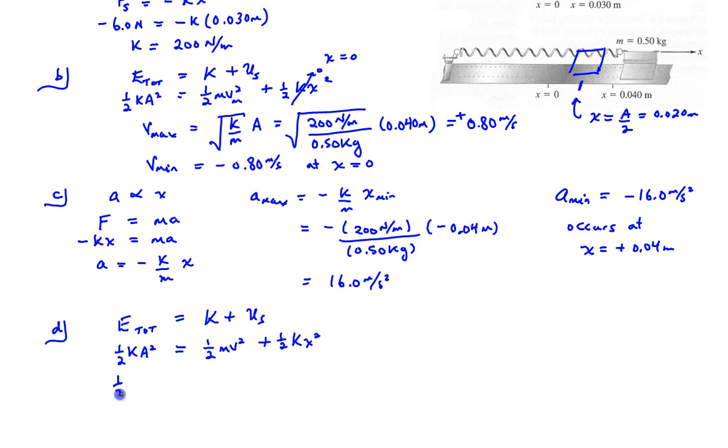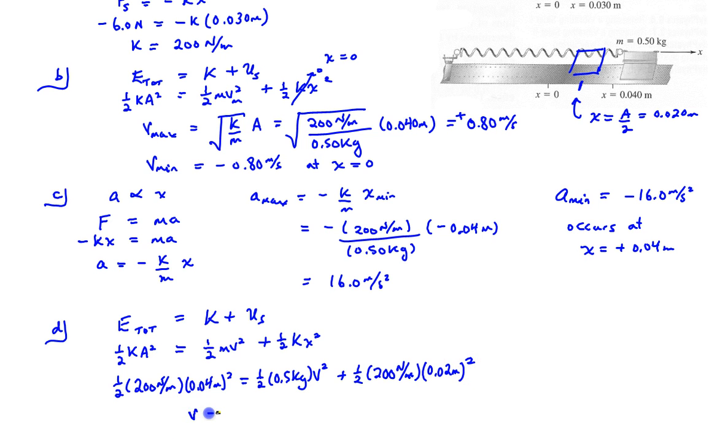So we have 1/2 times the spring constant, which is 200 newtons per meter, times the amplitude, 0.04 meters, squared, equals 1/2 times the mass, which is 0.5 kilograms, times the velocity we're trying to solve for, plus 1/2 times the spring constant, 200 newtons per meter, and the distance is now half the amplitude, which is 0.02 meters, squared.